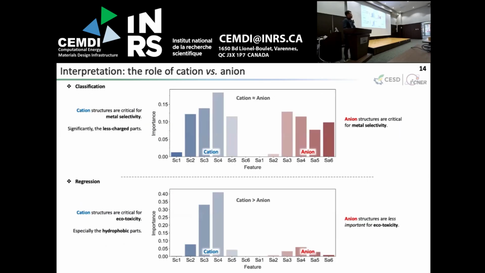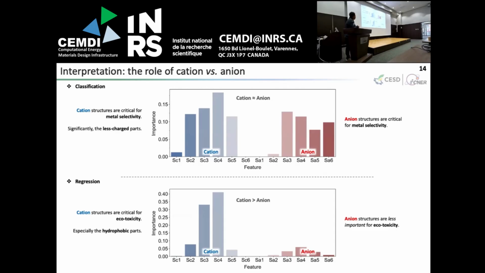One of the benefits of using straightforward models like random forest is that the interpretation is very easy. So now we can understand the role of cation and anion in ionic liquids. In the case of metal selectivity, the role of the cation is as important as the anion.